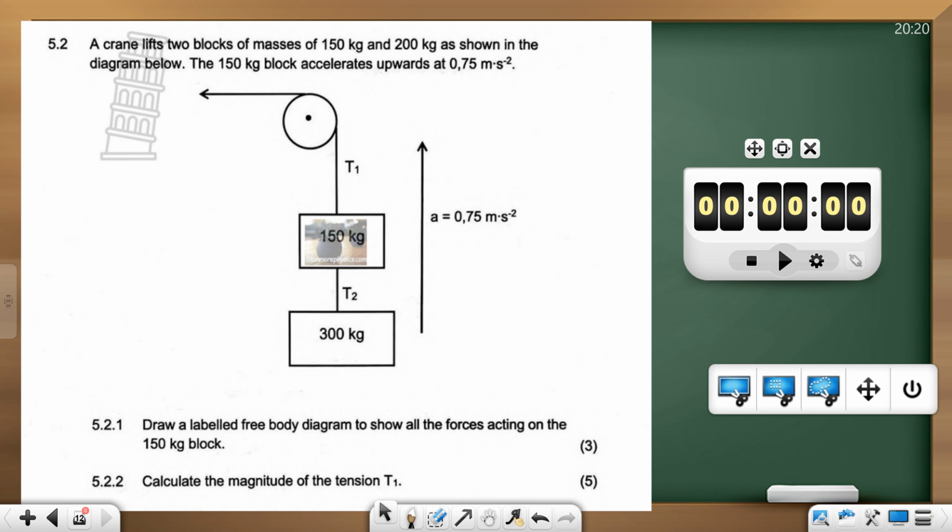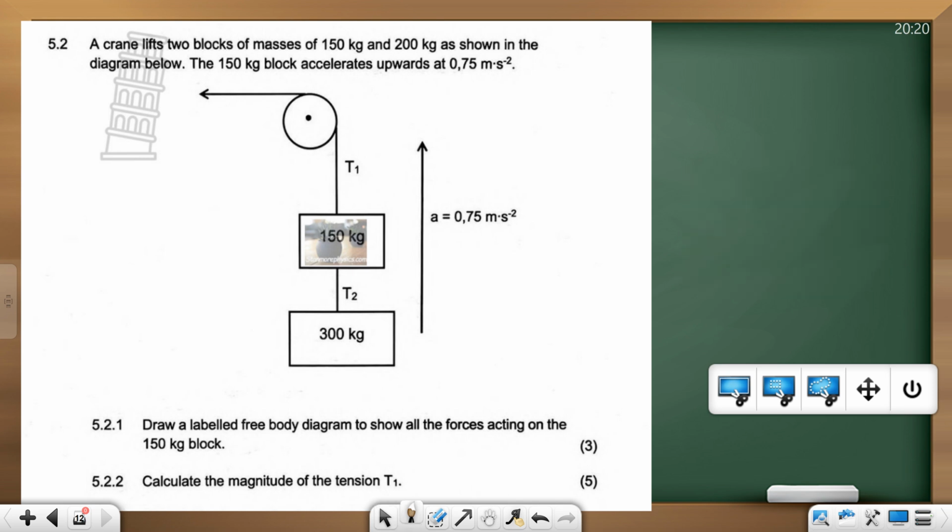Did we manage? A crane lifts two blocks of masses 150 and 200 kilogram as shown. The 150 accelerates upwards at 0.75 meters per second squared. Draw a labeled free body diagram showing all the forces acting on the 150. Okay, how many forces are you drawing? On the 150, it's being pulled up, so we have tension.